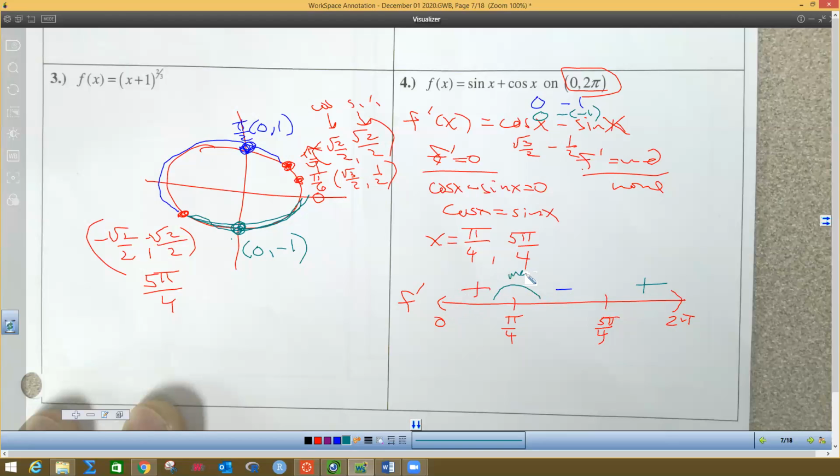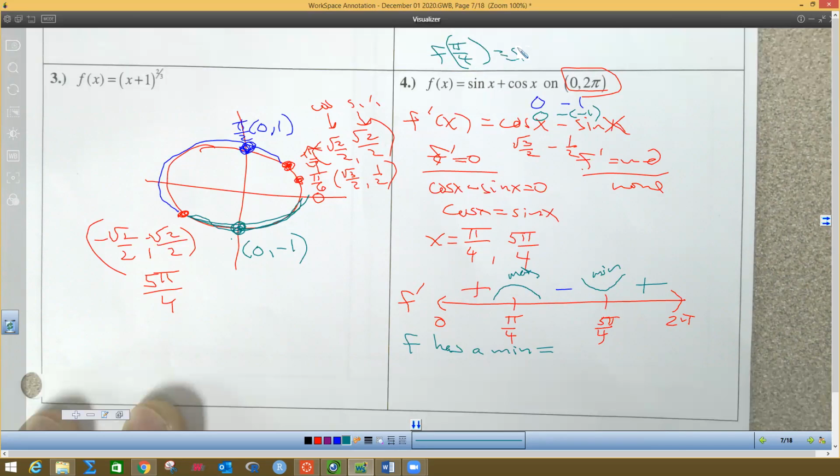That means this is a max. And then I'm decreasing, and then on the other side I increase, so that means this part is a min. Okay? So I get to say f has a minimum equal to. Now I have to go up here to find my minimum. So I need to find what f of pi over 4 is.